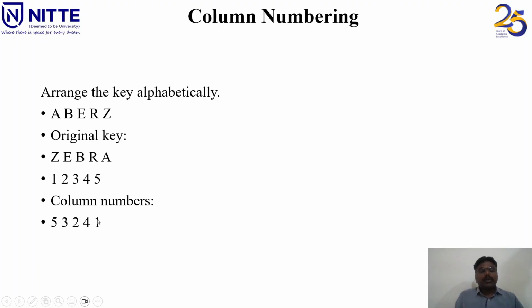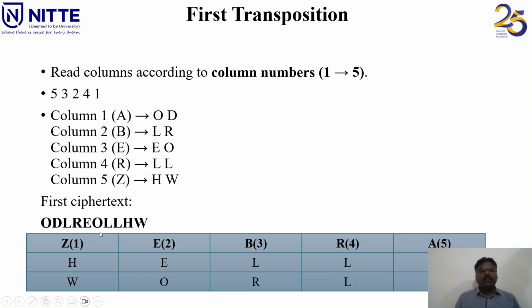So now what I am supposed to do first is read the column 5 elements. Then the third column elements will come, then the second column elements, the fourth column, and the first column elements come at last.